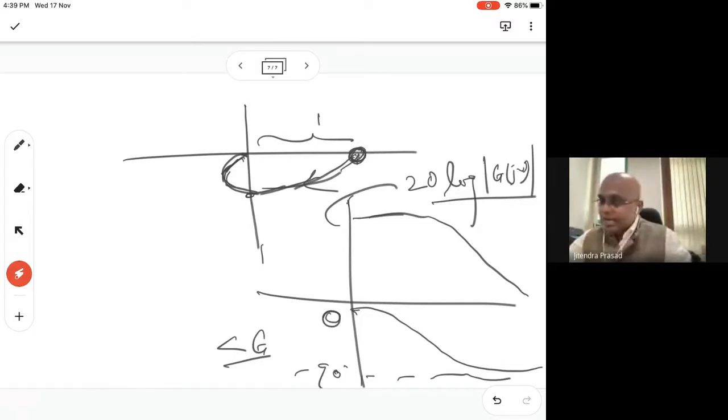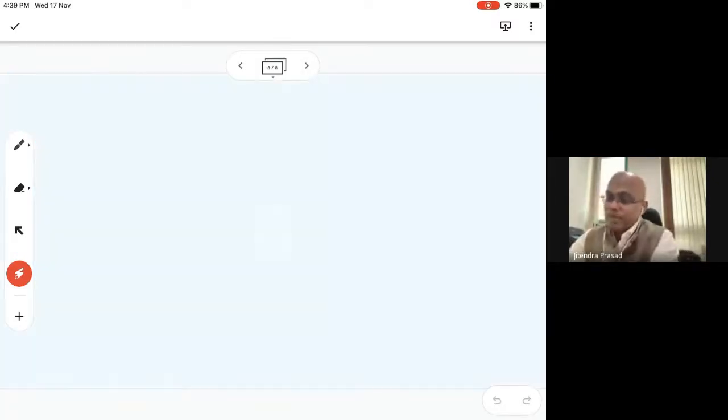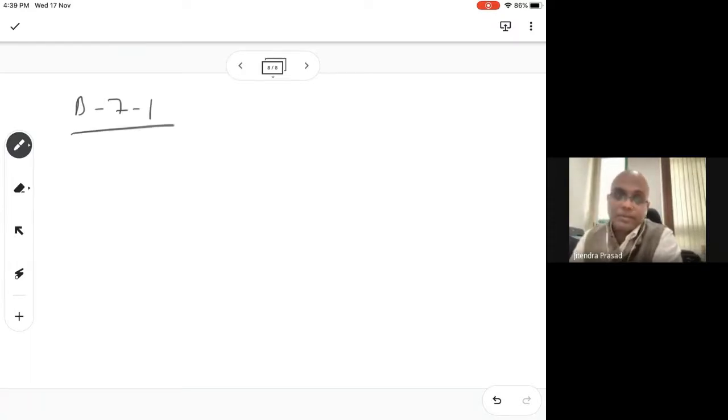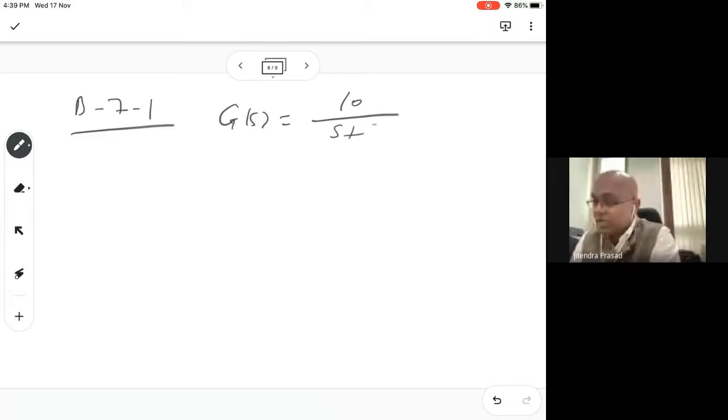Now let's solve the tutorial question number B71. The unity feedback system with the open loop transfer function G(s) is equal to 10 over s plus 1.